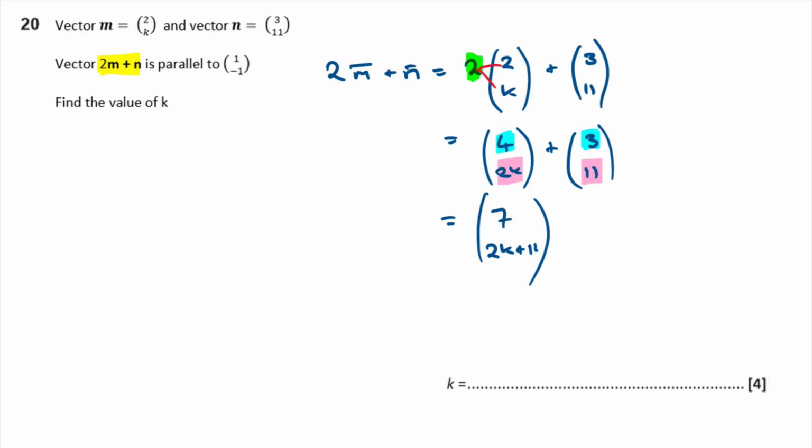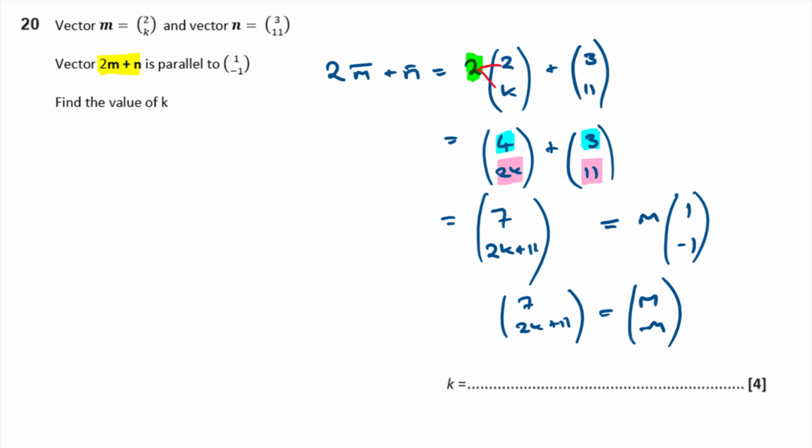Now we are told that that is parallel to (1, -1). If two vectors are parallel, it means that one must be a multiple of the other. So it's got to be some multiple of that vector (1, -1). If I multiply that out, (7, 2k plus 11) is equal to (m, -m).